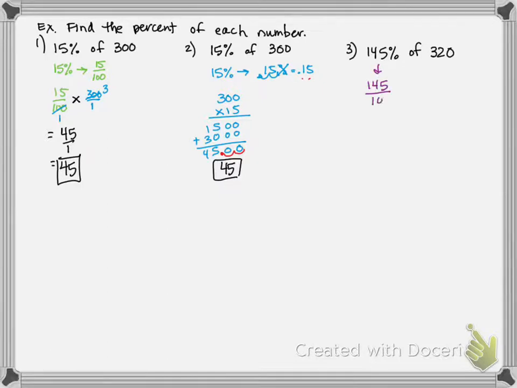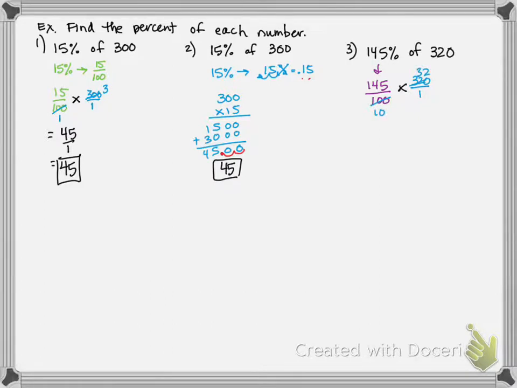So I'm going to divide by 100 horizontally like that. Of means to multiply, and then I'm going to write 320 over 1. Now, I know there's a 10 in common on the diagonal because 100 and 320 end in a 0. So I'm going to divide out a 10. So that's going to leave me a 10 here and a 32 here.